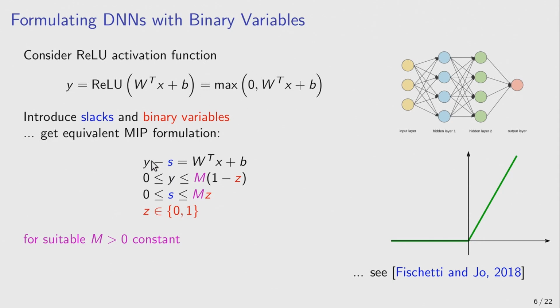Then I rewrite my function in terms of the slack variable, and I can quickly check that this formulation is correct.